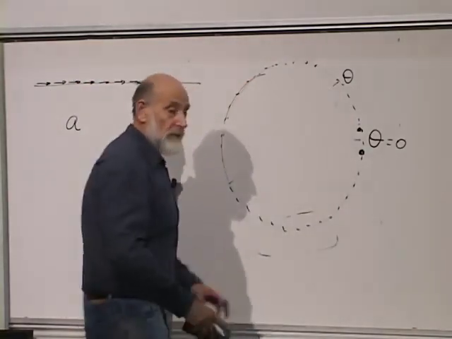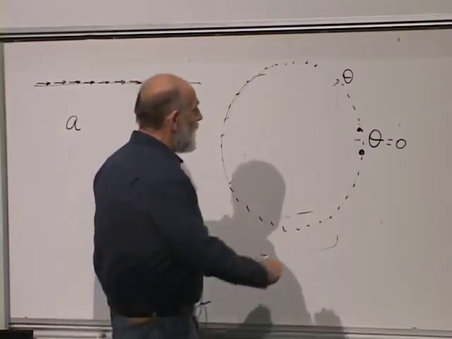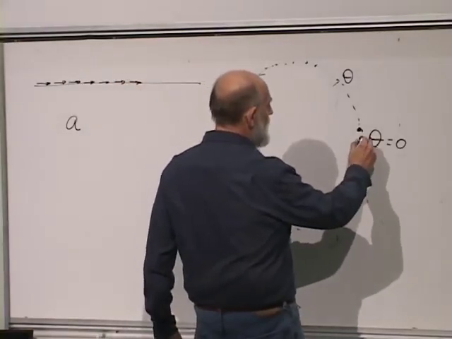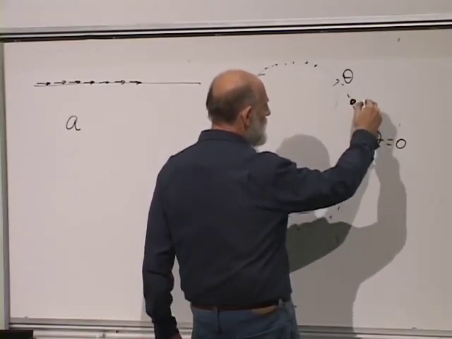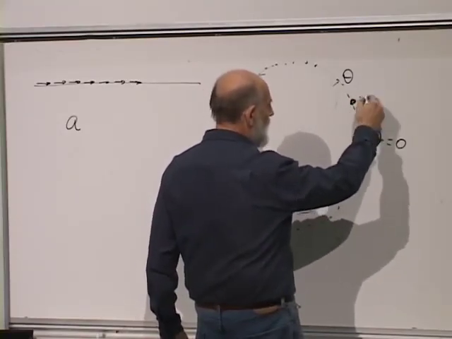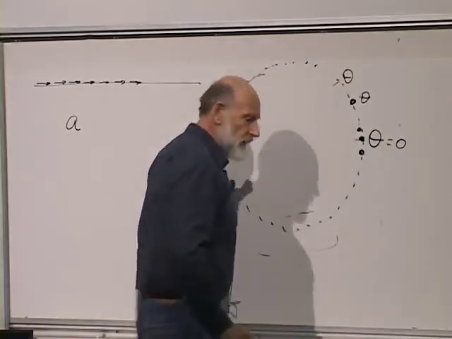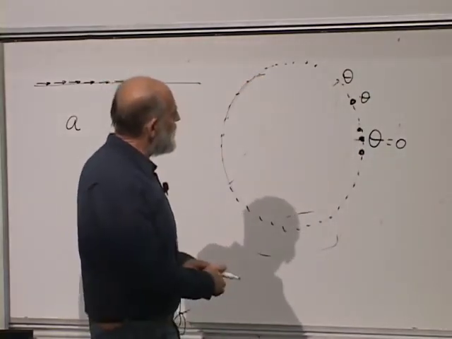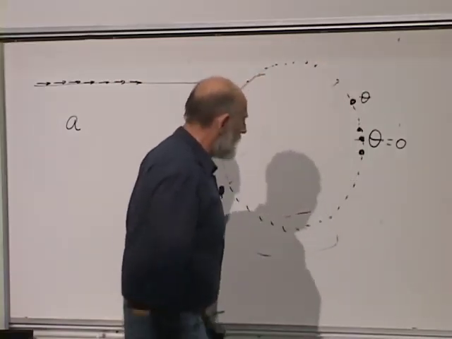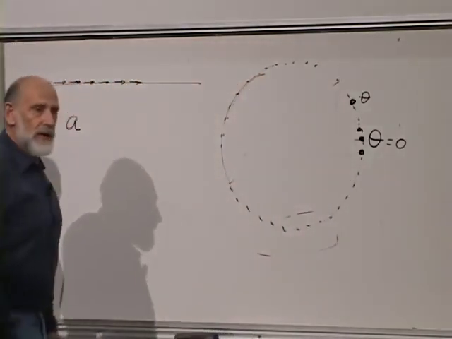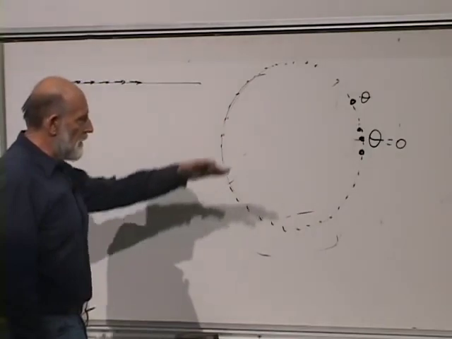Why am I calling that scale factor? We'll see in a moment. But let's take the distance between 2 points, theta equals 0 and theta equals theta. What's the distance between those 2 points? Let's define it to be A times delta theta.